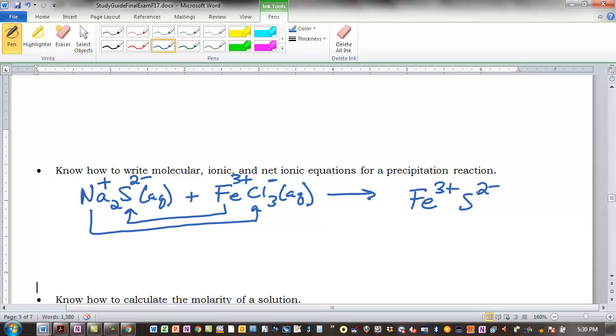Okay? Make sure you can do that. Writing formulas of ionic compounds from the charges, or going the other direction, is really important. You have to be able to look at something and figure out what the charge is, because for transition metals we don't know exactly what the charge is. They can have varying charges. So we have to use the anion to figure out what the transition metal is.